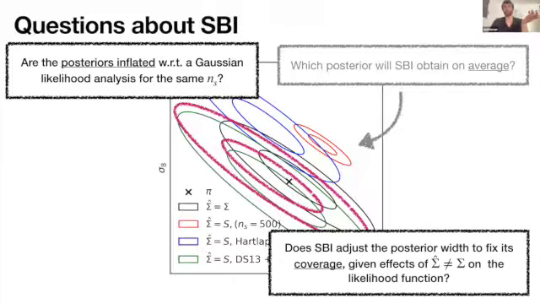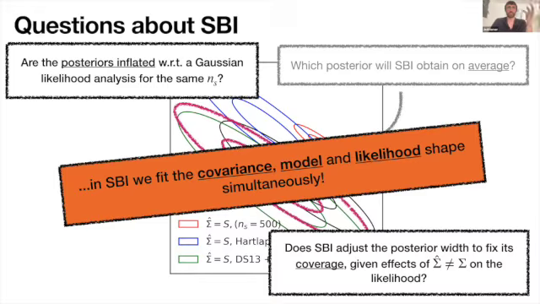And then the second question I think we can ask is, does SBI adjust this posterior width to fix its coverage, such that we infer the true parameters with the correct probability, given the effects that I've shown you on the likelihood when you don't know your data covariance, and we don't supply SBI with the data covariance either. So, while we think about these questions, there's one thing to keep in mind.